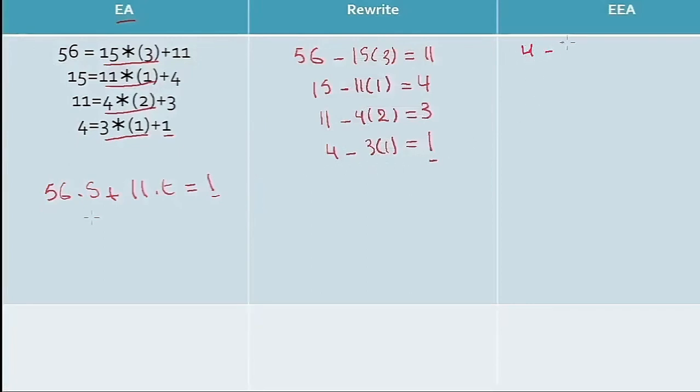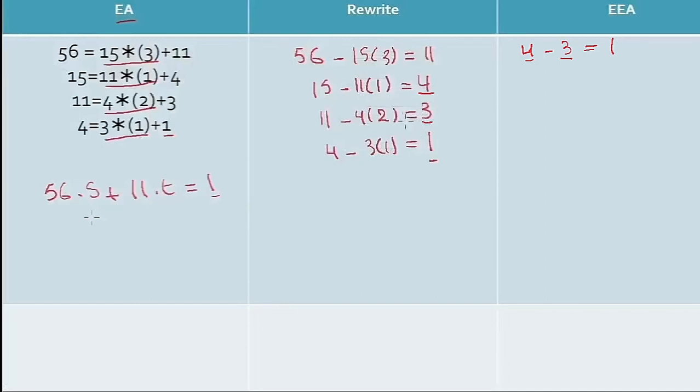Say 4 minus 3 is equal to 1. Now we notice that we have both the definition for 4 and 3. 3 is equal to 11 minus 4 times 2, and 4 is equal to 15 minus 11 times 1.